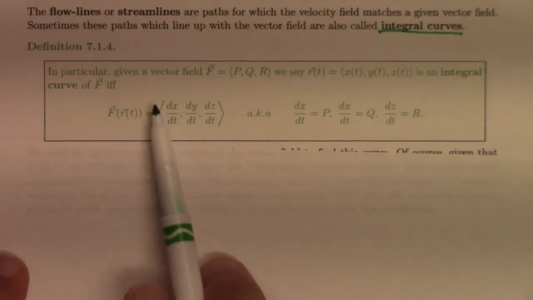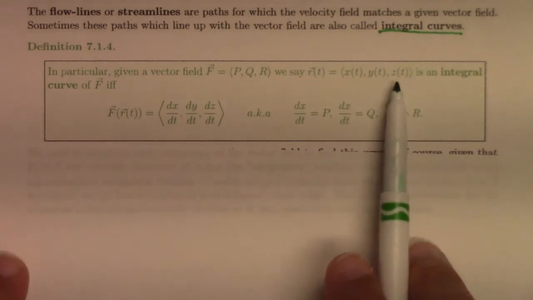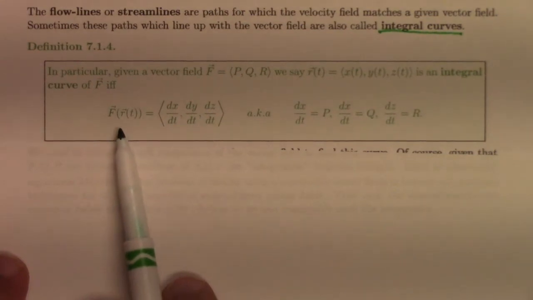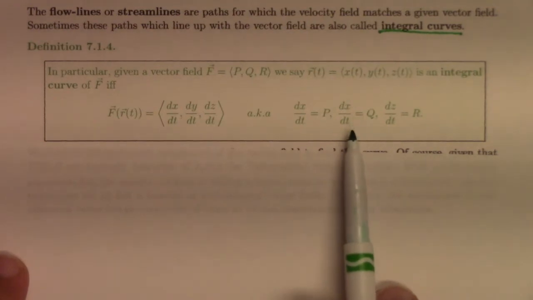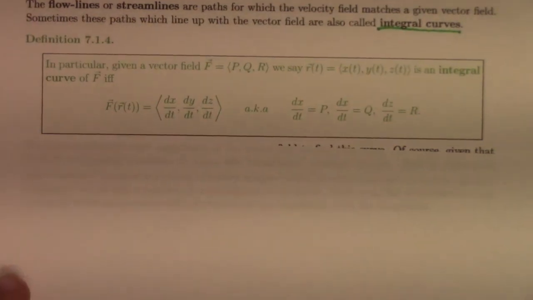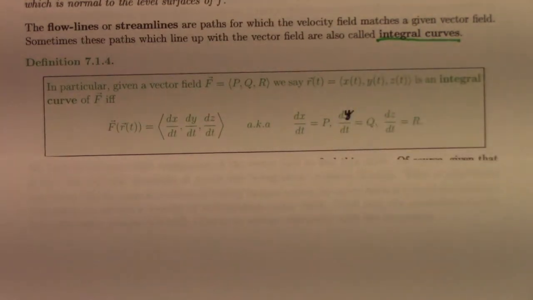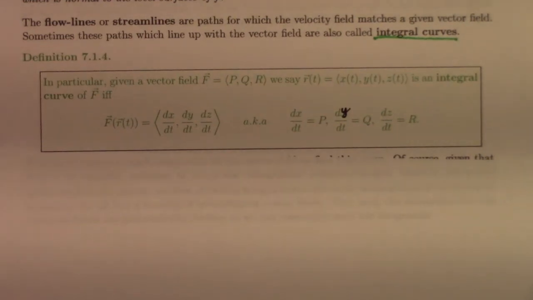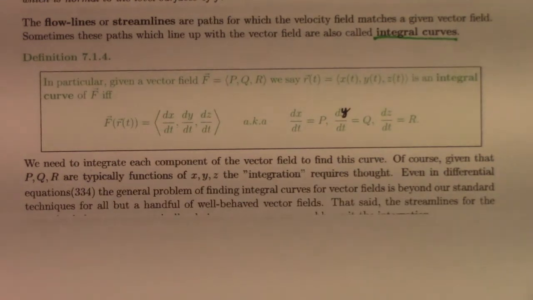If you've got a vector field F = (P, Q, R), and you can find a curve (x, y, z) parameterized by time, such that the velocity of that curve recovers F at the points in question, right? In other words, dx/dt is P, dy/dt equals Q, dz/dt equals R. If you can solve those, then that gives you what's called an integral curve to the given vector field.